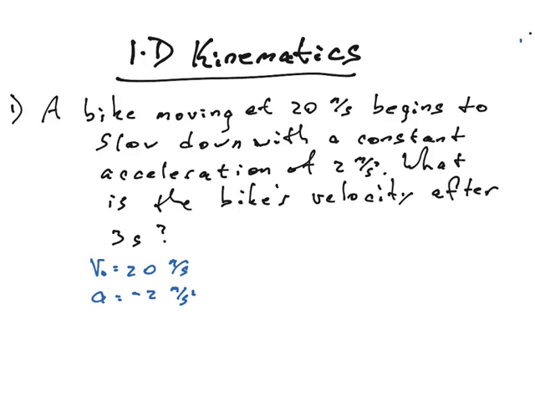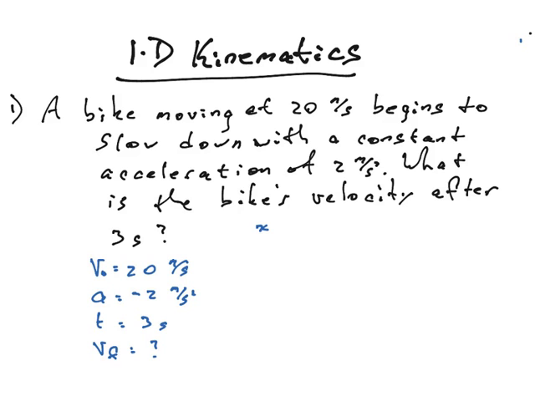What is the bike's velocity after 3 seconds? So I'm told the time we're looking at is 3 seconds, and I want to find the final velocity of the bike. Next step, given a general problem, is let's look at what equations are available to us.